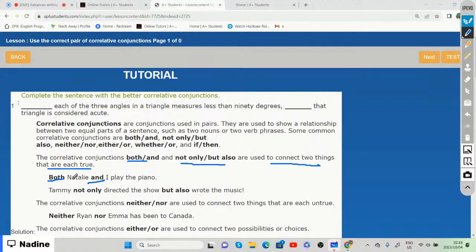Which means that both Natalie and I, those two nouns, are being joined. We play the piano.